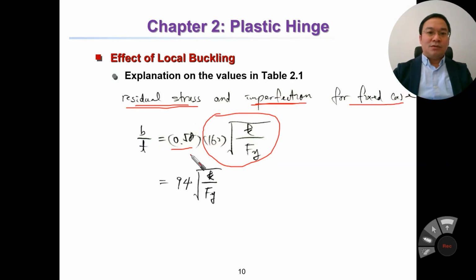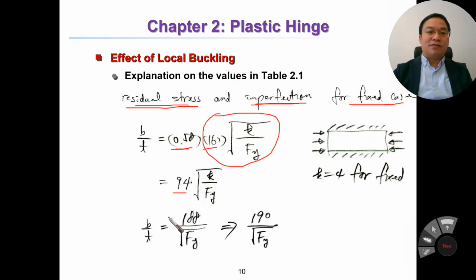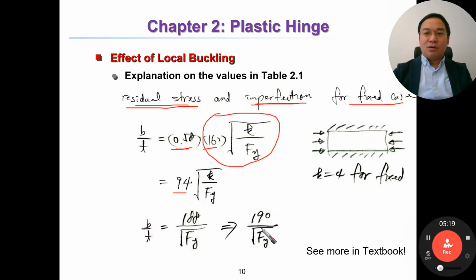Equal to this term multiplied by this term, we have 94. And if, for example, k equals 4 for fixed, fixed on both sides, then we have b divided by t equal to 188 divided by the square root of Fy.